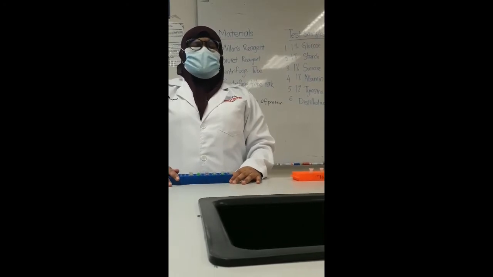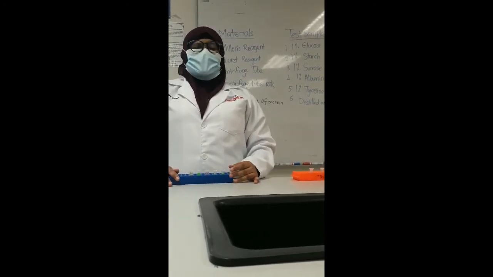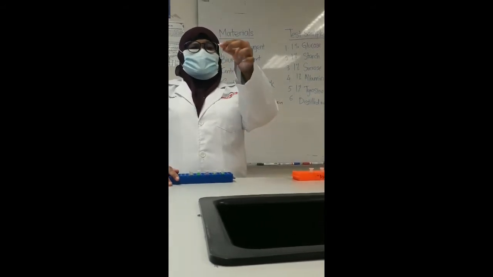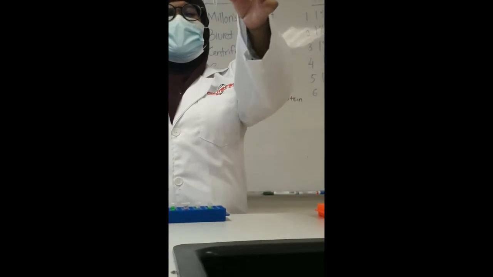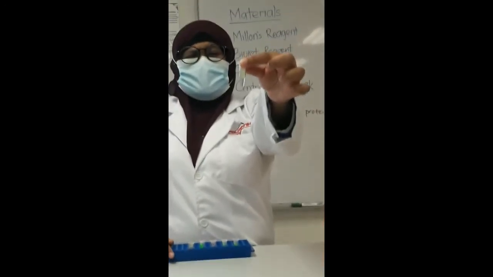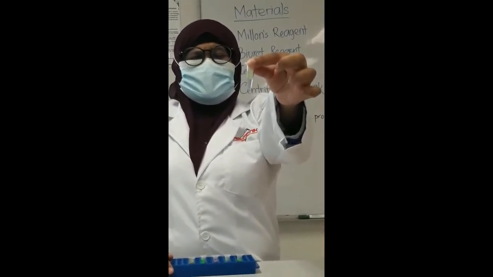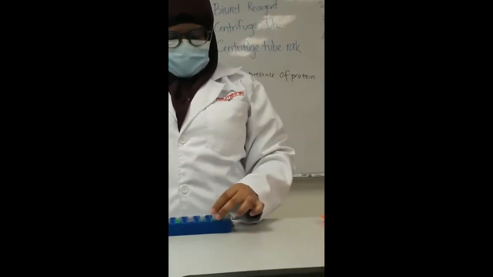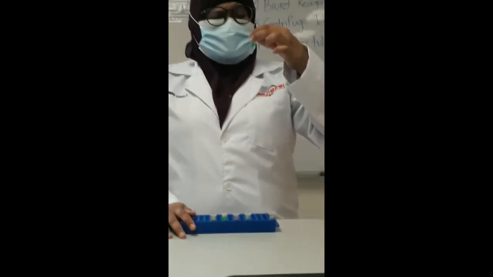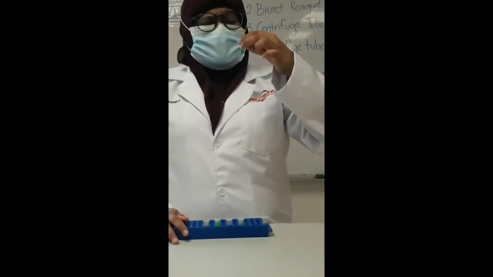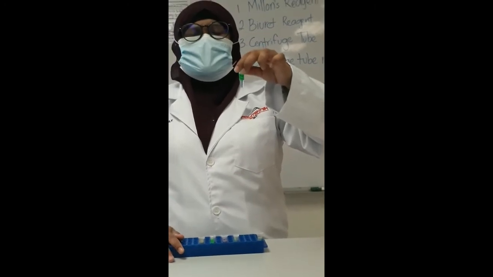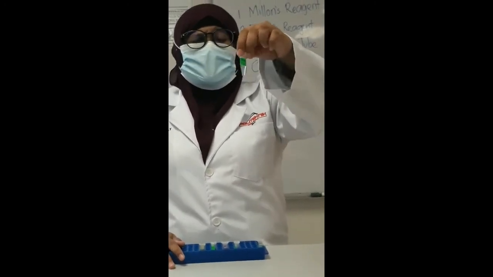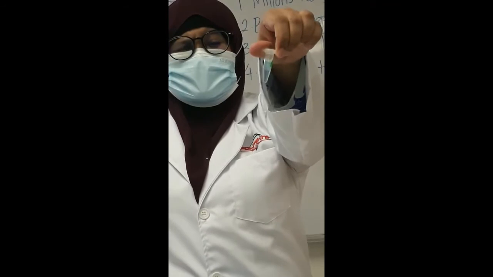Once again, I will show you the color change for all of the samples. First, I will start with 1% glucose. This is the color change for 1% glucose. This is the color change after adding Biuret reagent into 1% sucrose.